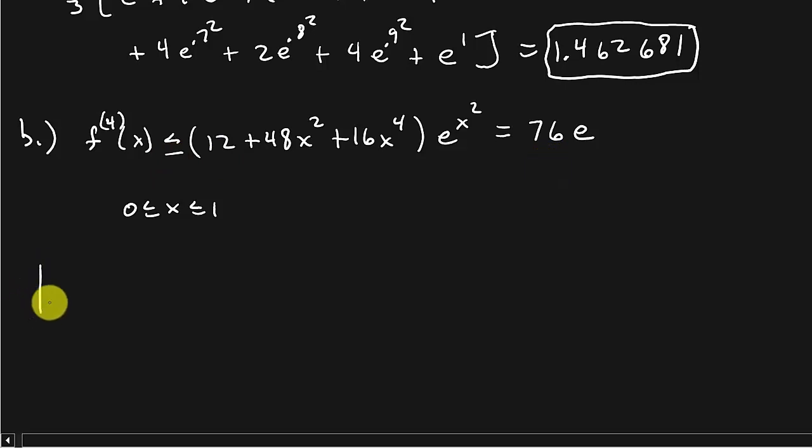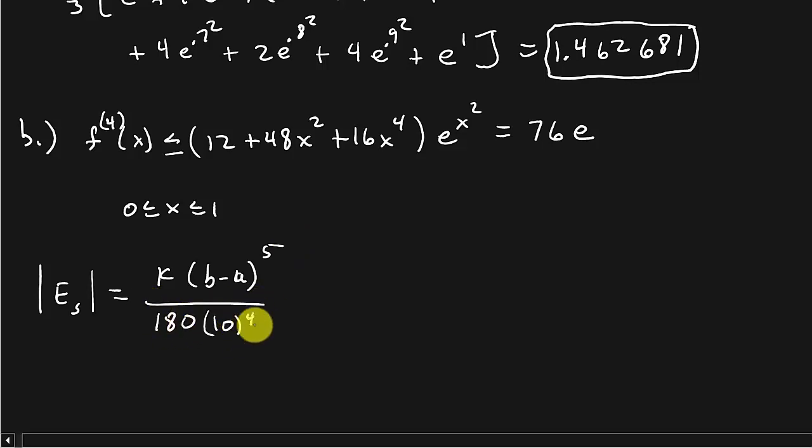All right, so my error is equal to, and let's write the formula down. That's K times (b minus a) to the 5th over 180 times n to the 4th. And so that's going to be 76e. And then I've got, remember, a is equal to 0, b is equal to 1.